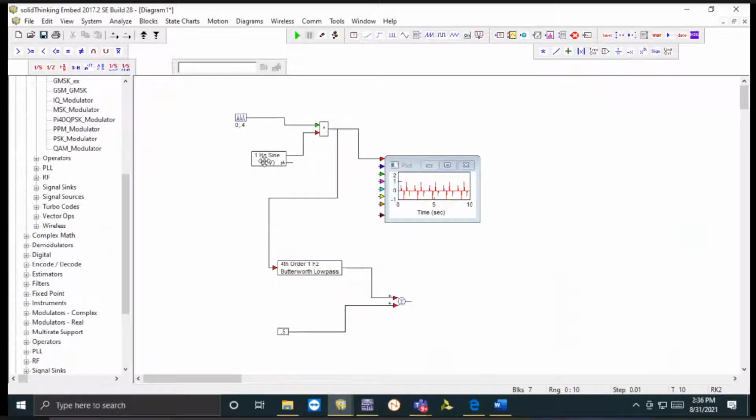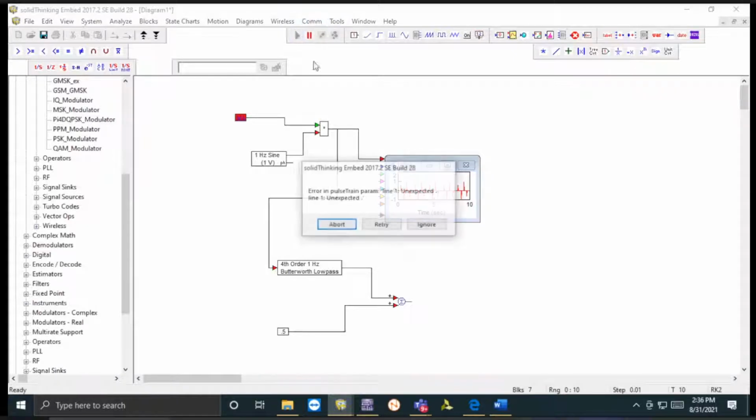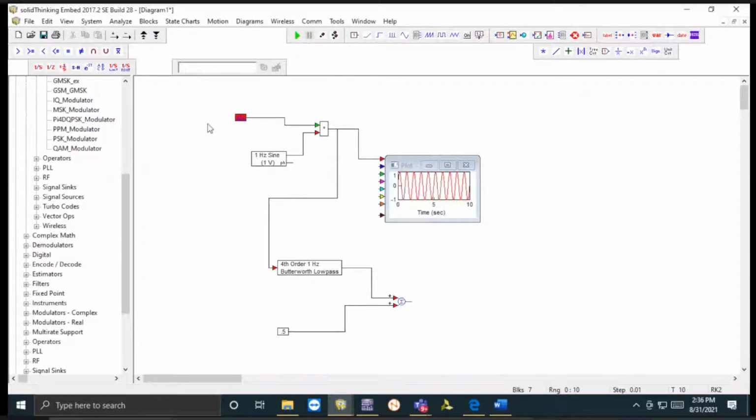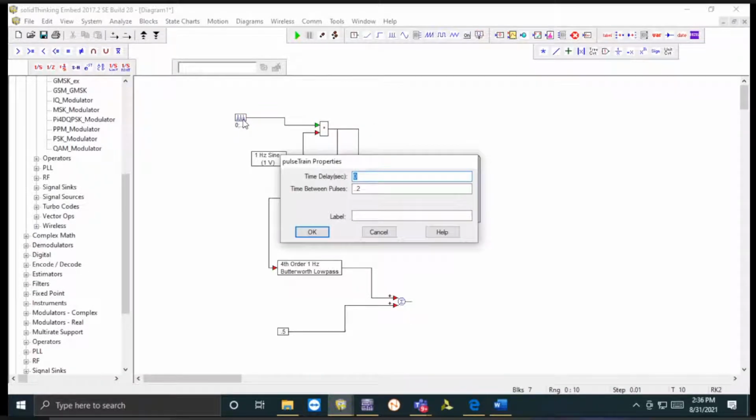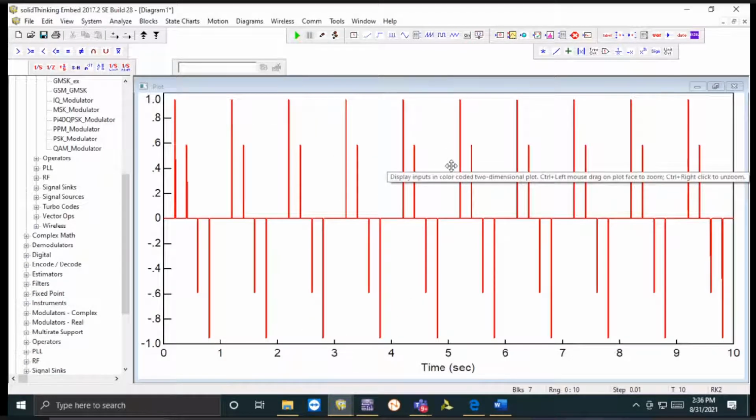Further, if you suppress the value, so this is, you can see, the sampled version of the signal.